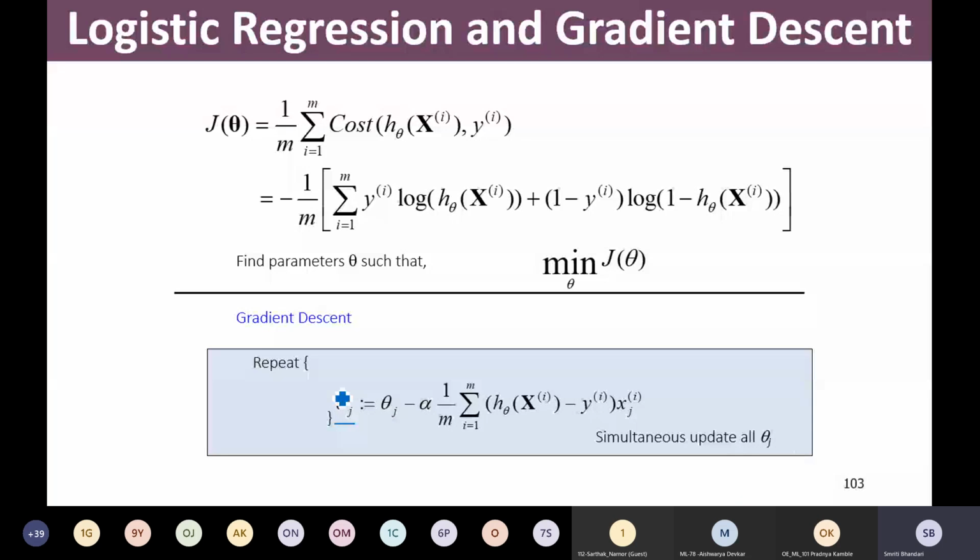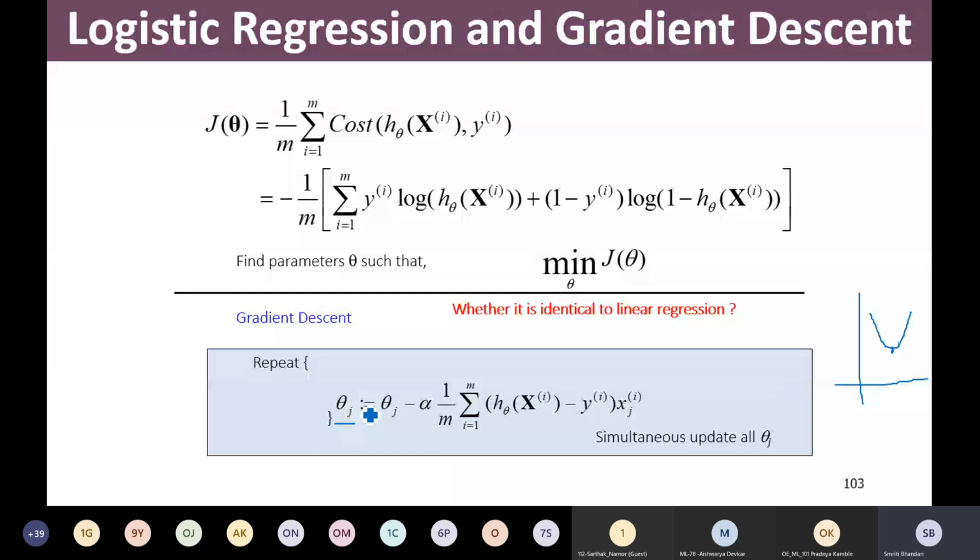And ultimately, after application of this gradient descent, we will reach this global minima which we are looking for.